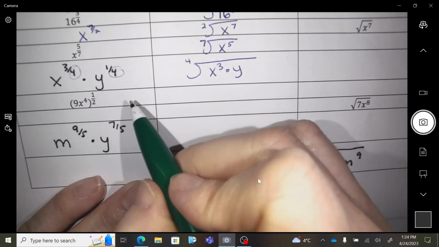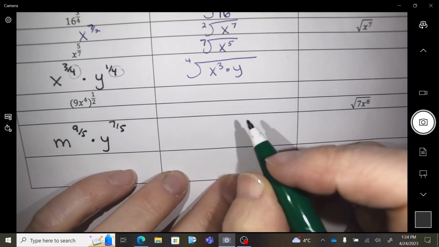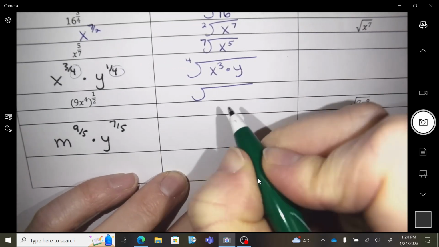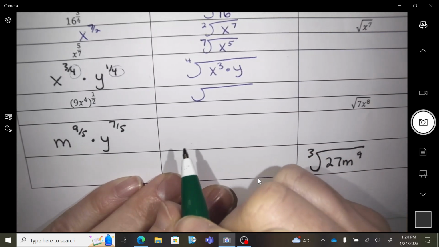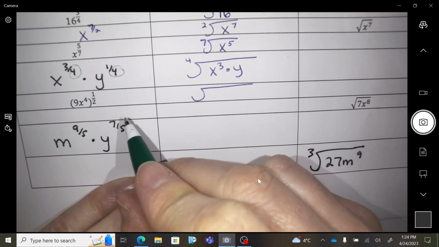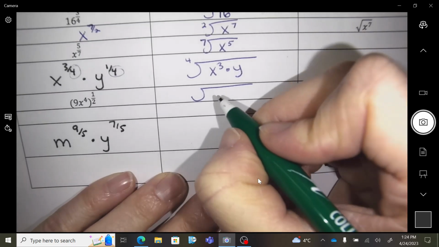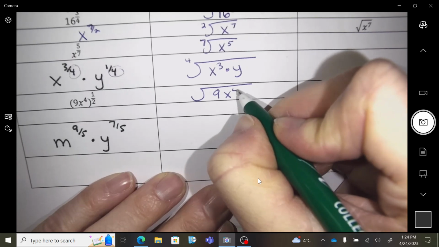Okay, what does this mean in a radical? What does 1/2 mean again? Just a square root.